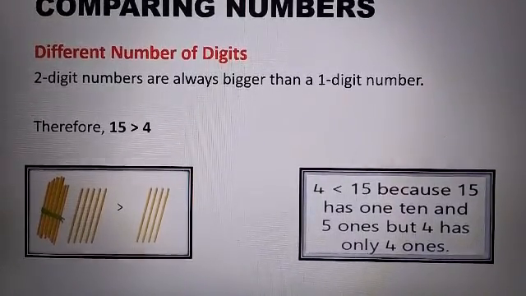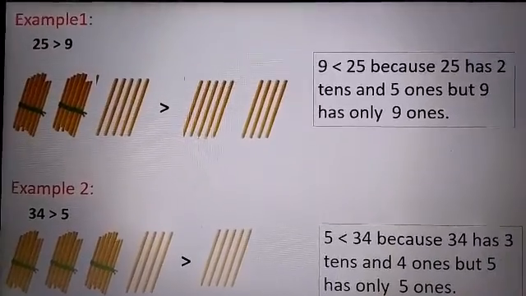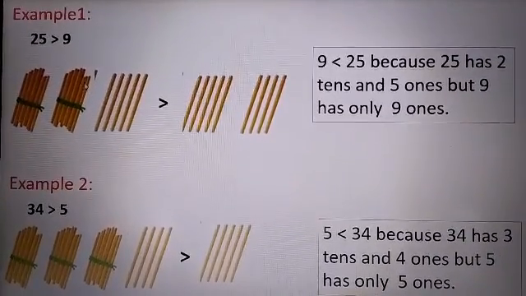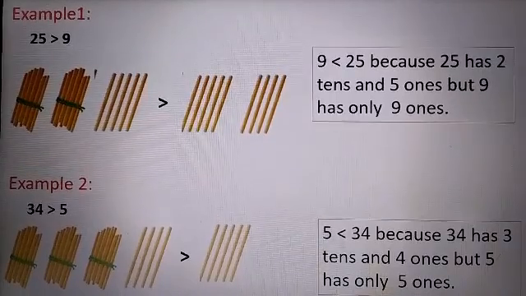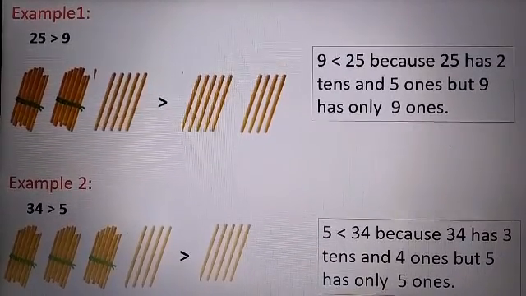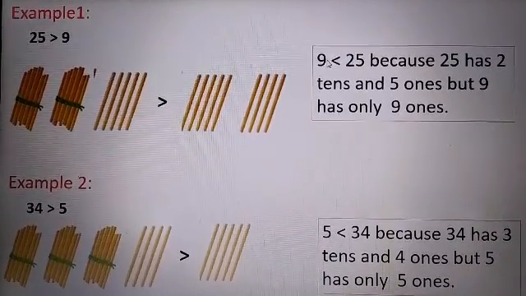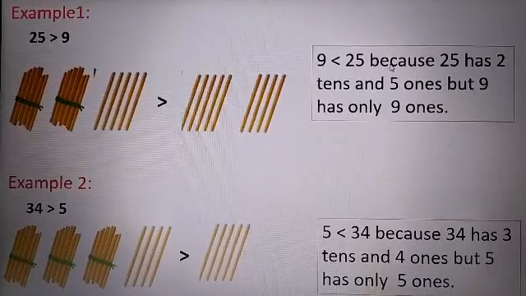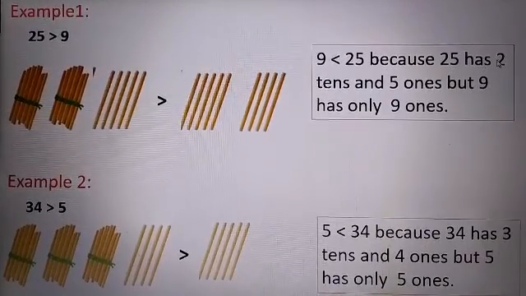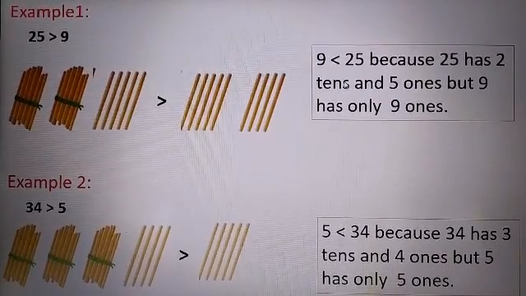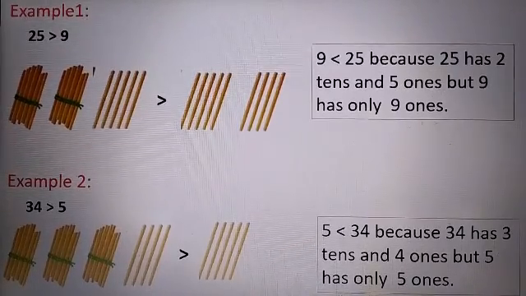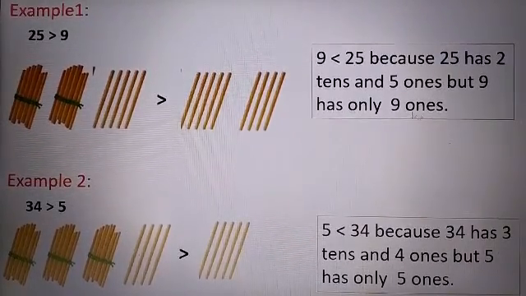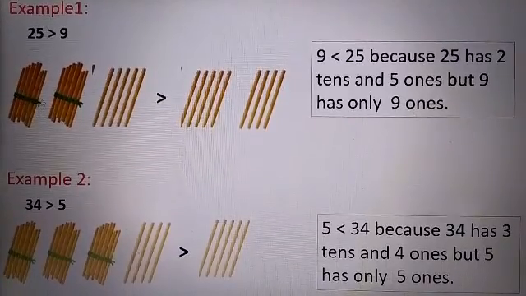Okay? Now let us see the next example. 25 is greater than, or you can say bigger than 9. Now let us see how. 9 is smaller than 25 because 25 has 2 tens, right? And 5 ones. But 9 has only 9 ones. Now let us see here.